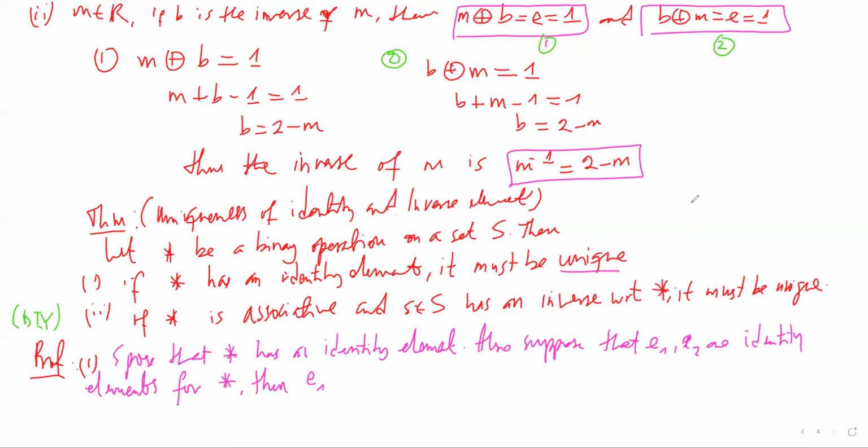Then E1 star E2 gives me E1, since E1 is an identity element.